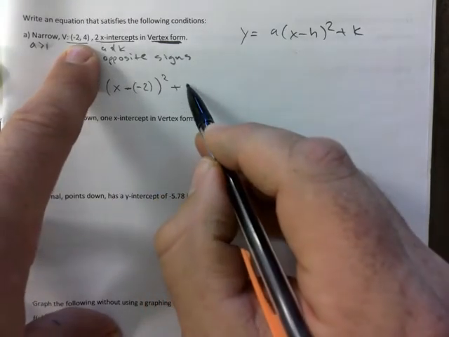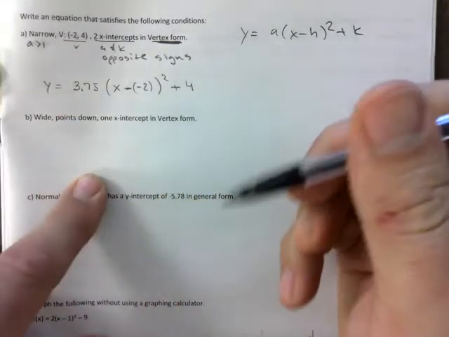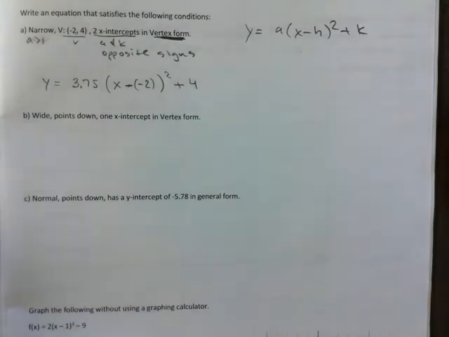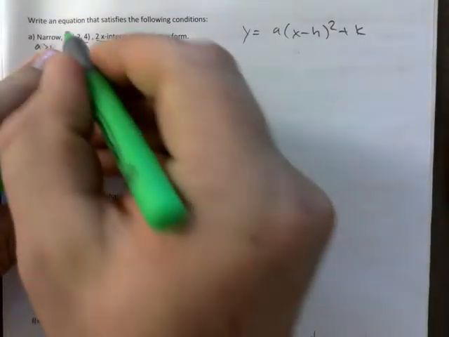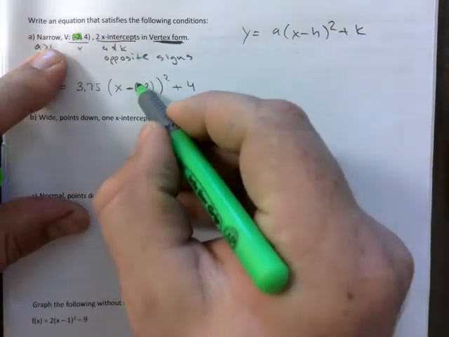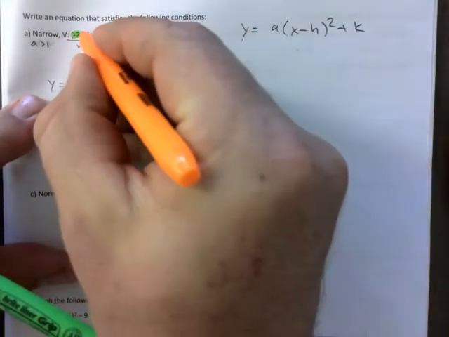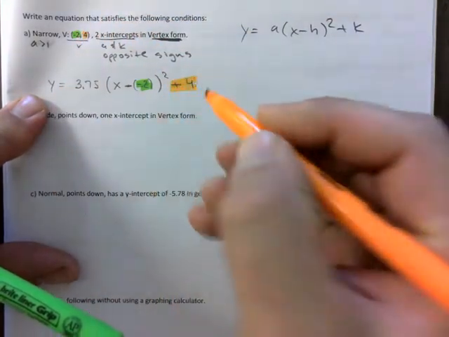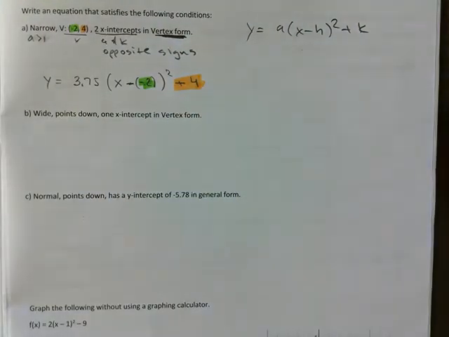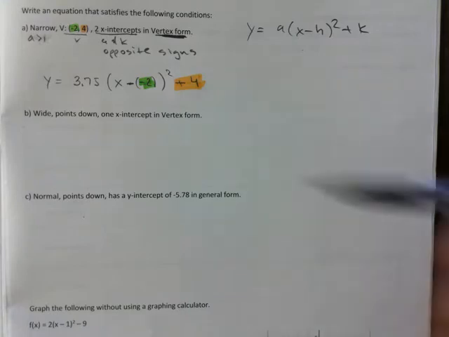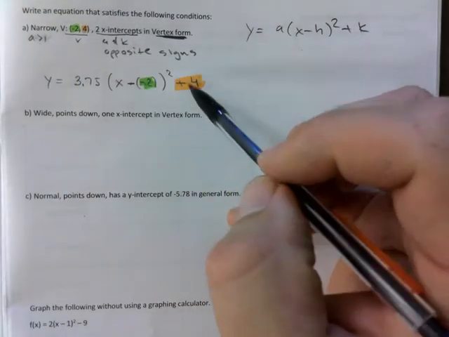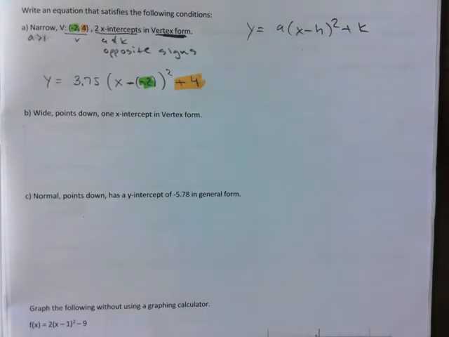So plus k, which is 4, and I will actually do the highlighting part here because I need you to make sure you follow, you keep track, right? So this -2 here got plugged in there, and that 4 is there, right? So whatever the sign is of k, whatever the sign is of the y value of the vertex goes in there, okay?